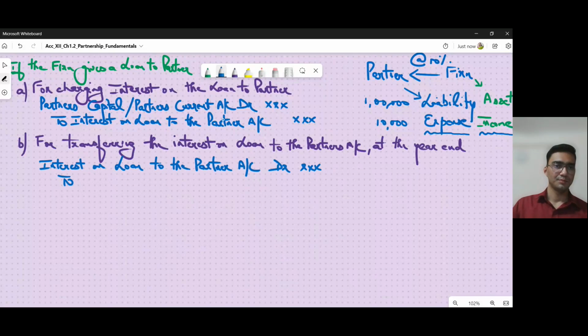To which account will be credited? Where are we transferring it? We're transferring it to the P&L account. So to P&L account, and we put the amount. So what is happening here? P&L account is showing that there is an income because of the interest which the partner is paying back to the firm. Okay, so this is the second entry.